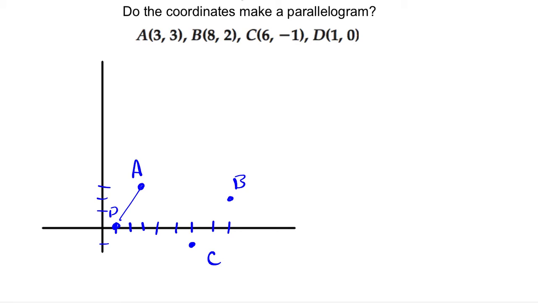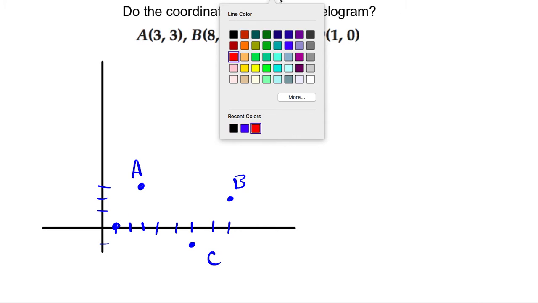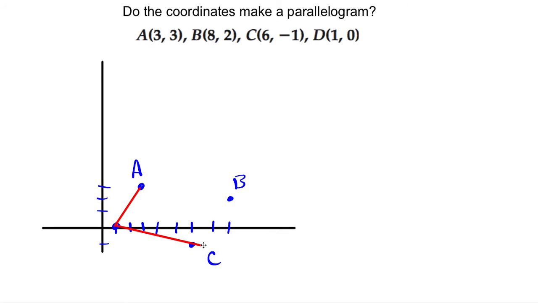So does this make a parallelogram? Well, let's connect the dots here. So I don't know, maybe it looks like it, but I'm a horrible artist, and even if we do this on graphing paper, we need to show. So what we need to do is show the slope of AD is equal to the slope of BC.